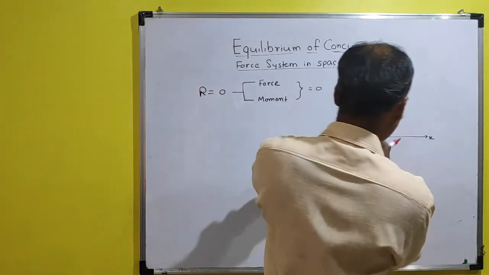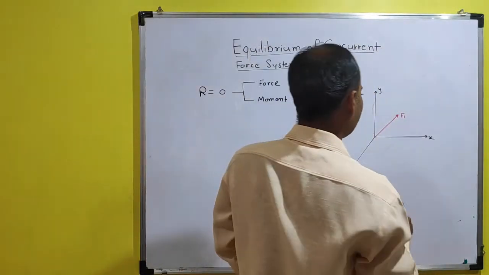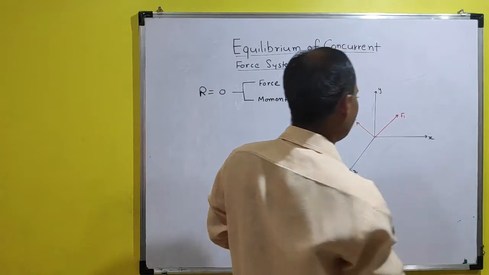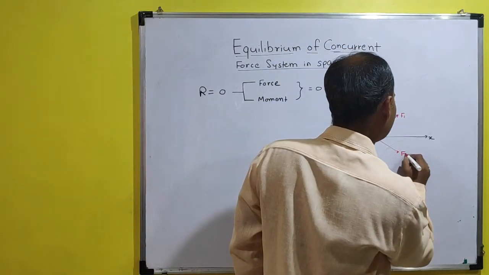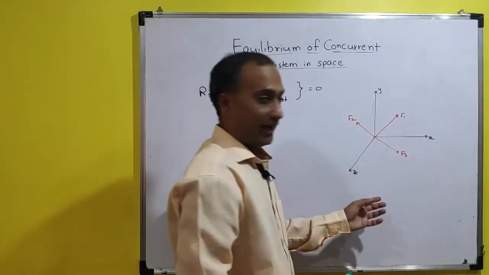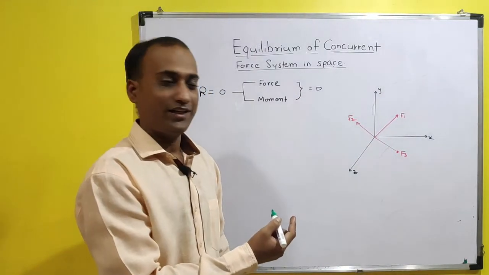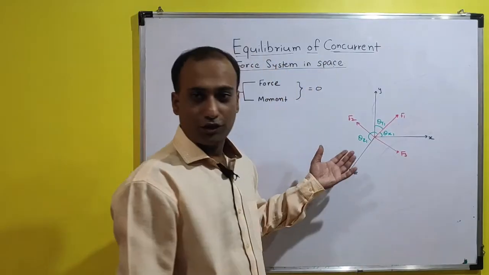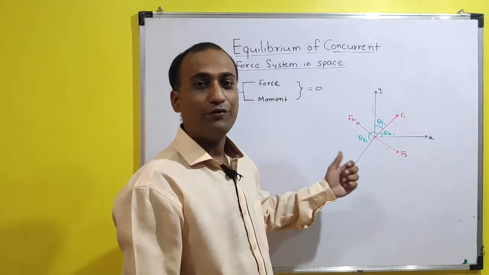For example, let's say F1, F2 and F3. Here the angles of each of these forces with each of the axes are different. These are the three forces in the space force system, and they are concurrent.